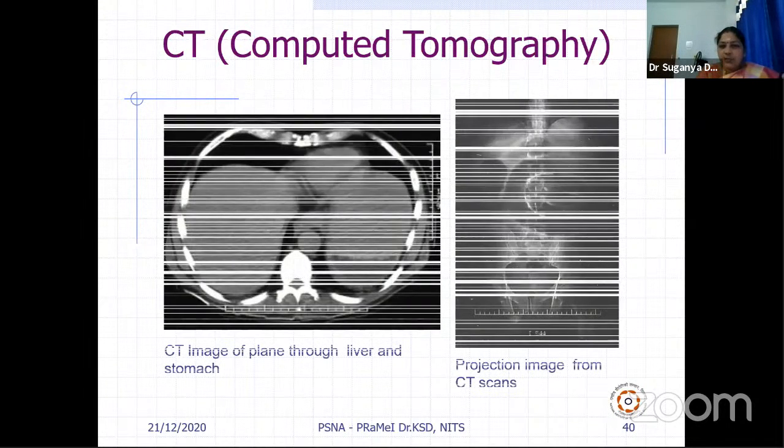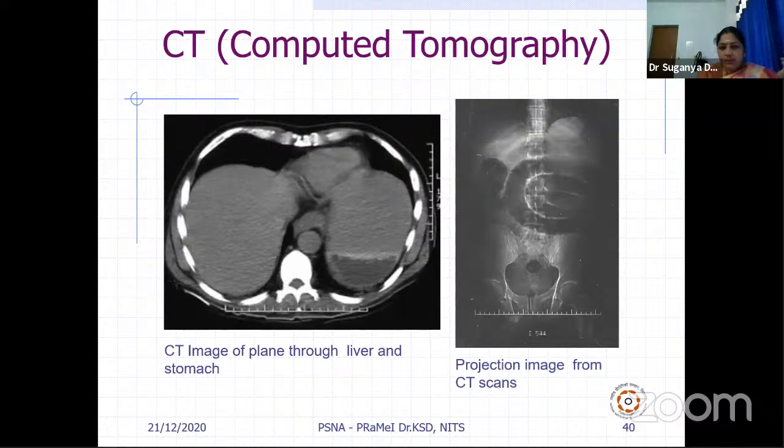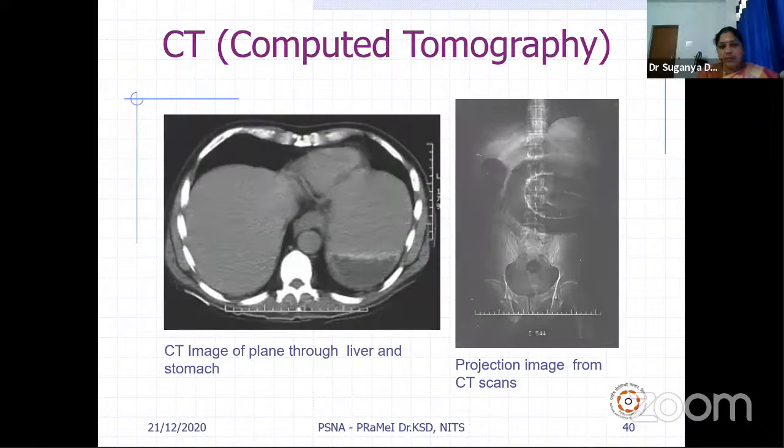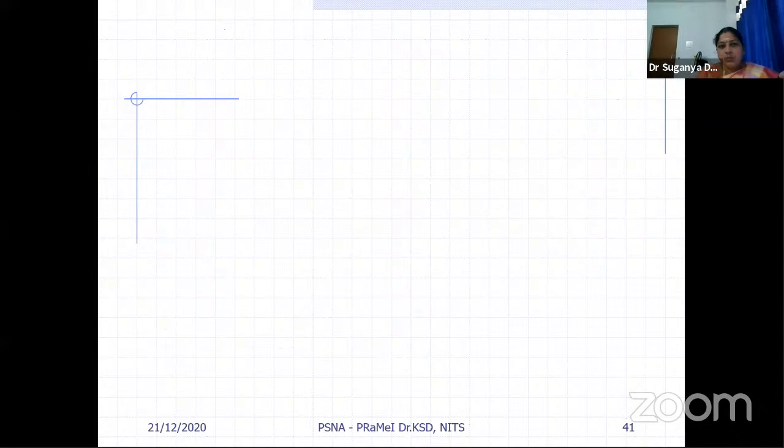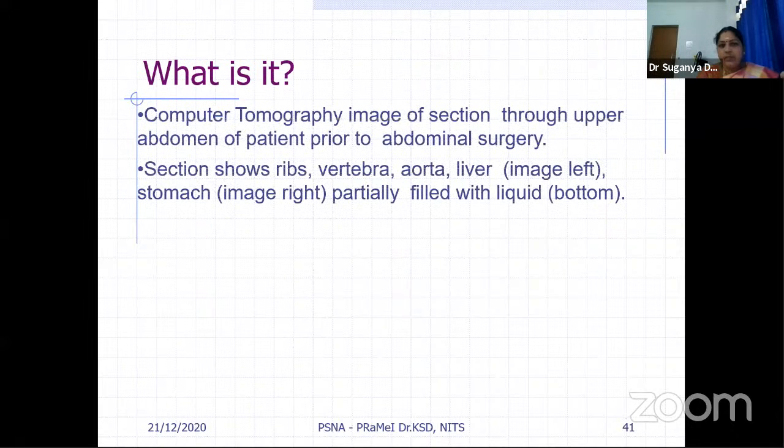So this is CT, computed tomography. This is the CT image of a plane through the liver and stomach, a projection image from CT scans. It is the image of a section through the upper abdomen of a patient prior to abdominal surgery. And those are the previous images I am discussing.